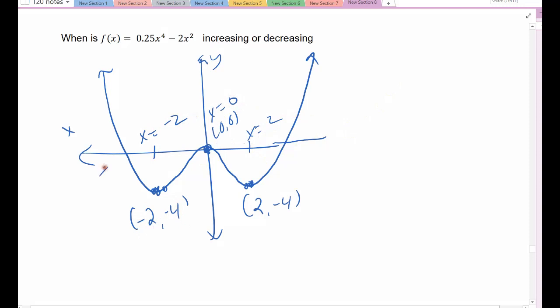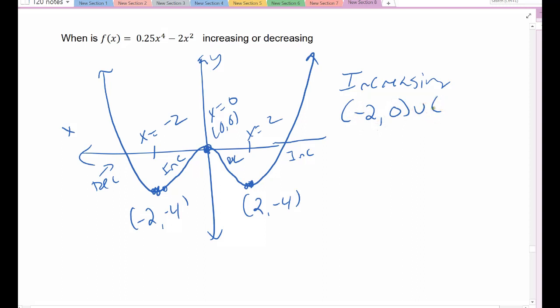Alright, so decrease, switch to increase, switch to decrease, switch to increase. Alright, so they both have two places. There's two places it's decreasing and two places it's increasing. Alright, so it's increasing from the x value -2 to the x value 0, or from the x value +2 to infinity, right?